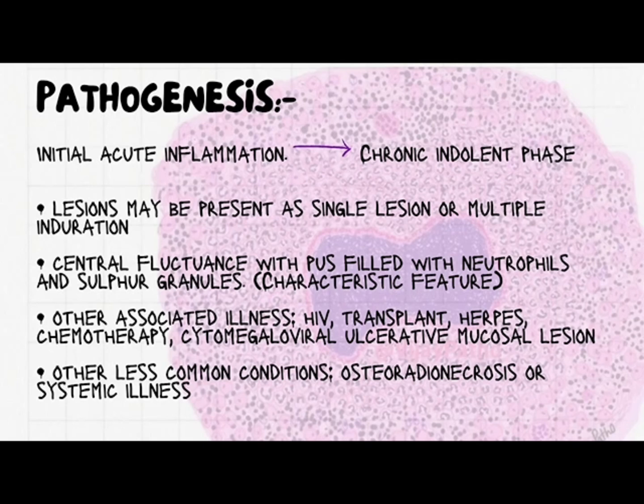Other associated illnesses are HIV, transplant, herpes, chemotherapy, cytomegalovirus, and ulcerative mucosal lesions, which are the most commonly seen immunosuppressed conditions, such as HIV or transplant, where we give immunosuppressant drugs to prevent transplant rejection. There is less immunity present and that can lead to an aggressive form of actinomycotic infection. Other less common conditions include osteoradionecrosis or systemic illness that can be seen along with actinomycotic infection.